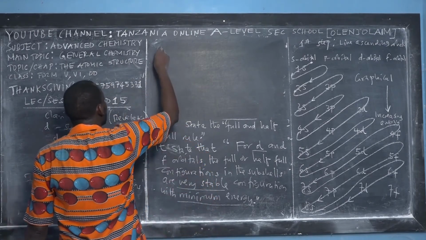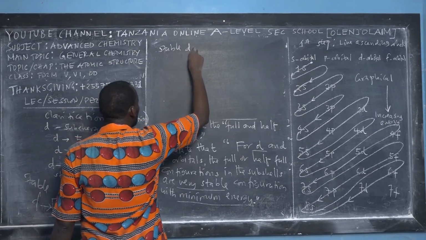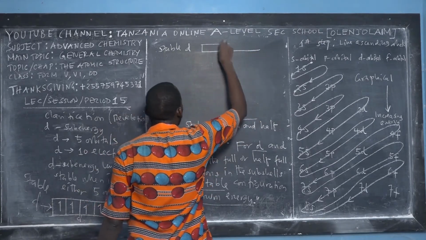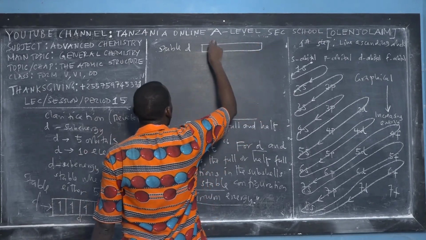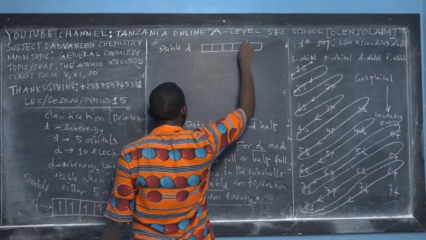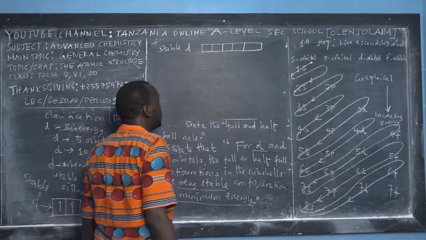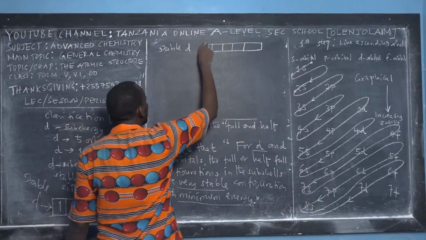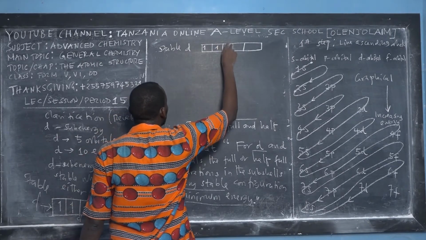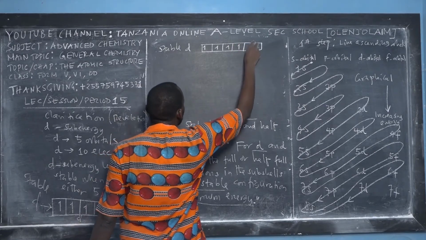So again, the D orbital will be stable when all its orbitals are either half full or full. How many orbitals are there? 5. So we fill electrons according to the Pauli exclusion principle and Hund's rule.